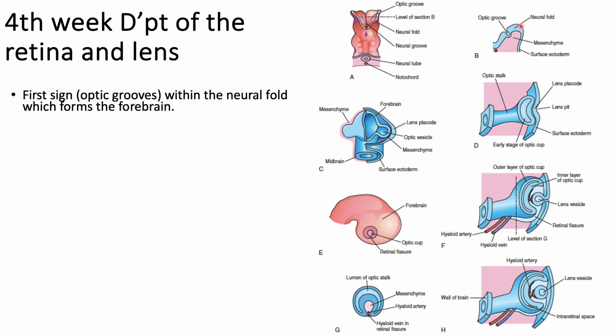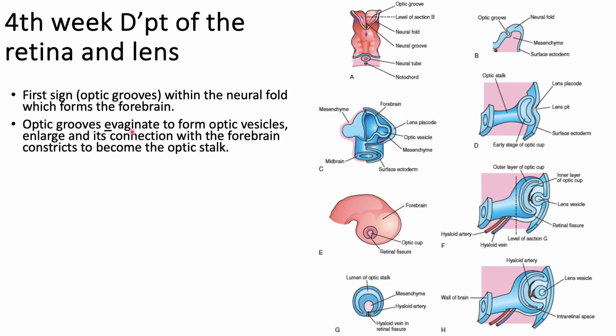So this blue color is the neuroectoderm, and you can see that there's a groove, which means that you have a downward growth or an invagination. Okay, so that forms the optic groove. That is the neural fold which will contribute to the formation of the forebrain, and for that matter the prosencephalon. You have mesenchyme, and then you have the surface ectoderm, which is continuous with the neuroectoderm.